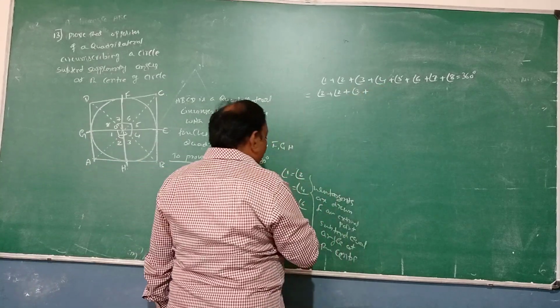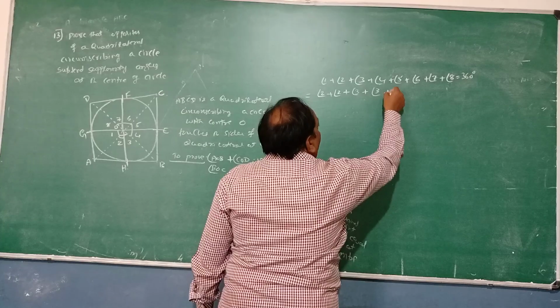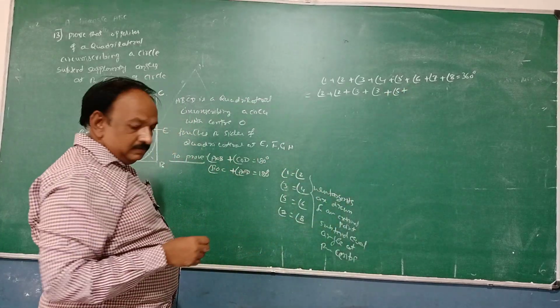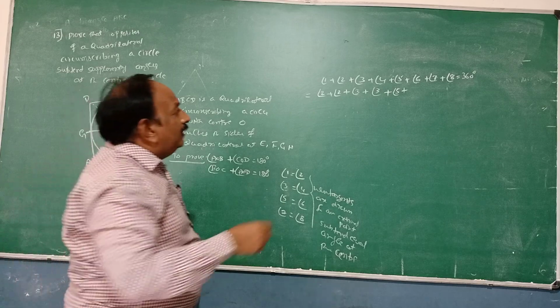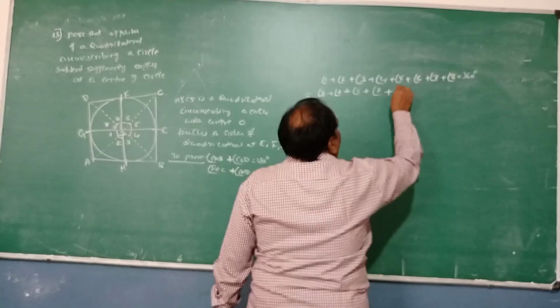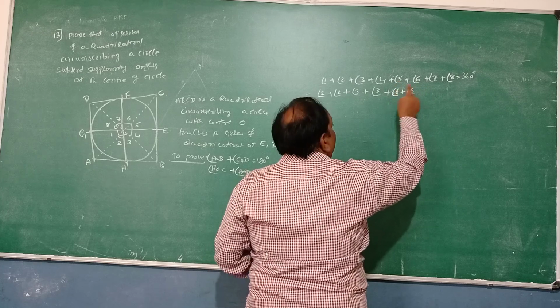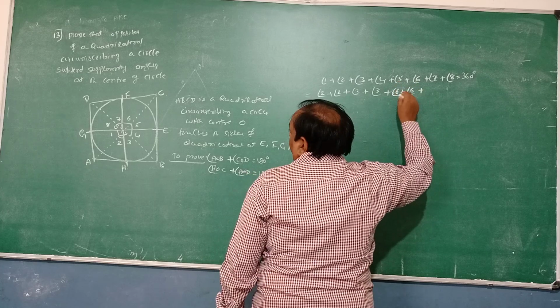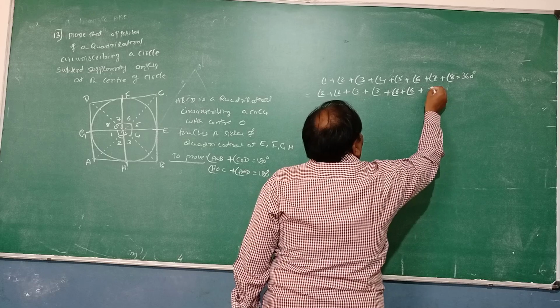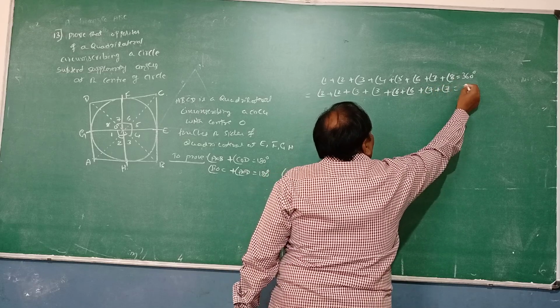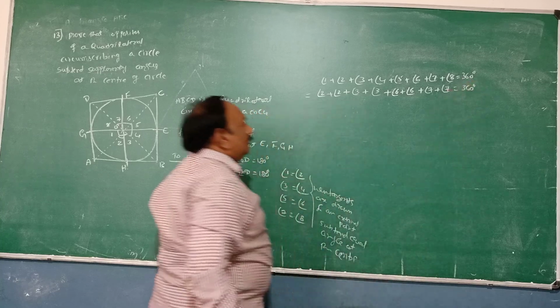Angle 4 is equal to angle 3. Angle 5 is equal to angle 6. And angle 7 as it is. Angle 8 is equal to angle 7, and the total is 360 degrees.